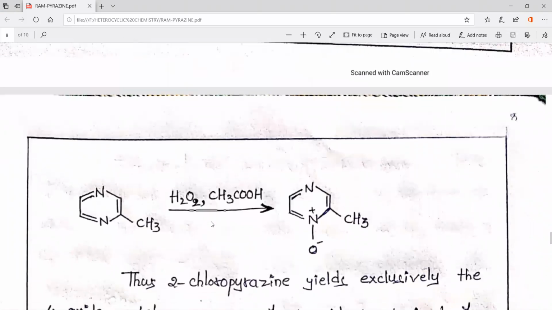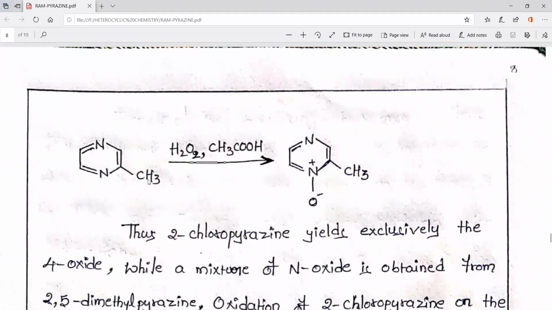Similarly, if there is any alkyl group in the pyrazine ring system, N-oxide is formed by this nitrogen atom and not this nitrogen atom as in the other case. In the first case, N-oxide is formed by this nitrogen, whereas in this 2-methyl-pyrazine, N-oxide is formed by the first nitrogen atom.